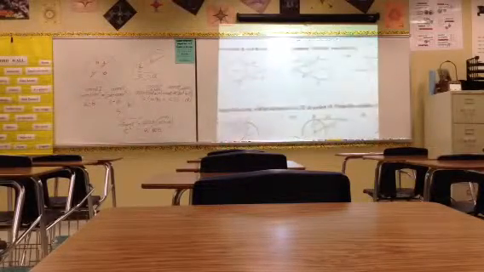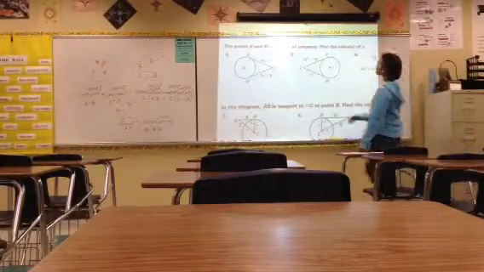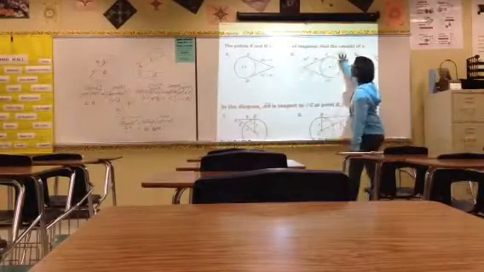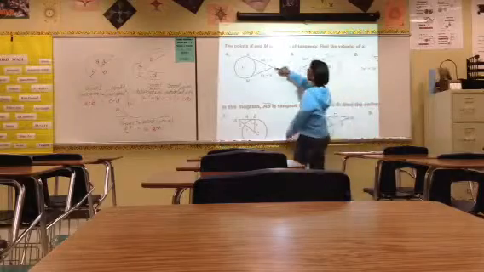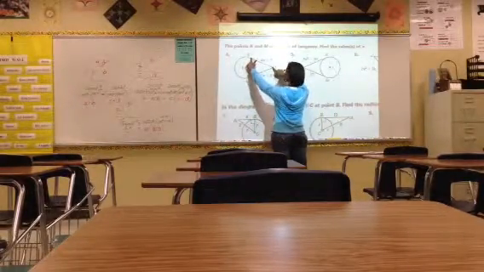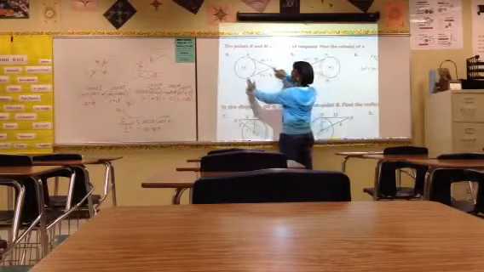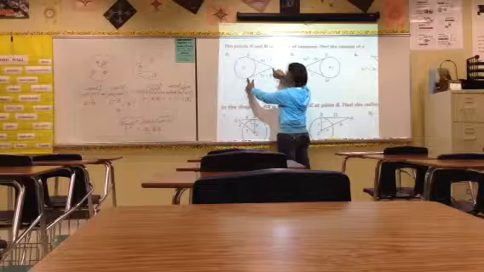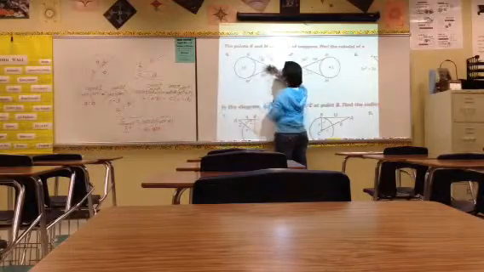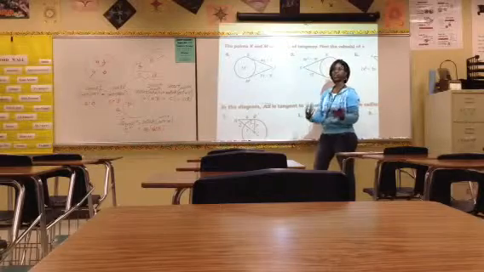So looking at problem 4, we're told that the points K and M are points of tangency. Find the value of x. All right, so this is a tangent line segment, and this is a tangent line segment, and they both meet at the same external point. So from point J to point M is the same exact measure as going from point J to point K. So these two segments are congruent. If they're congruent, we set their measures equal.